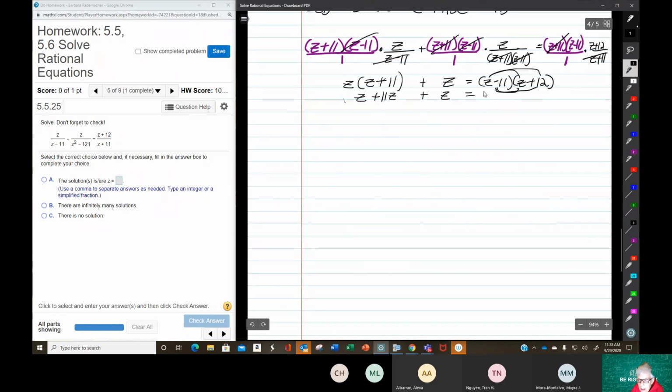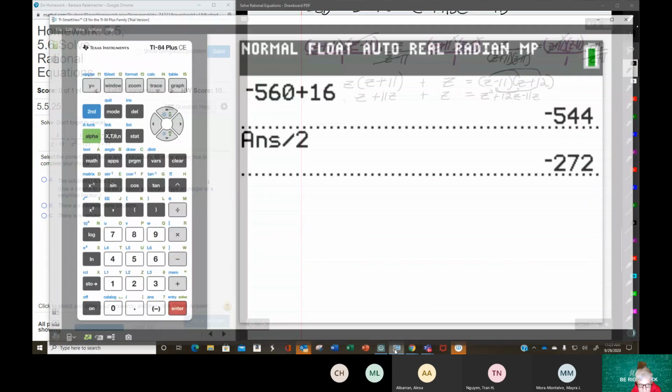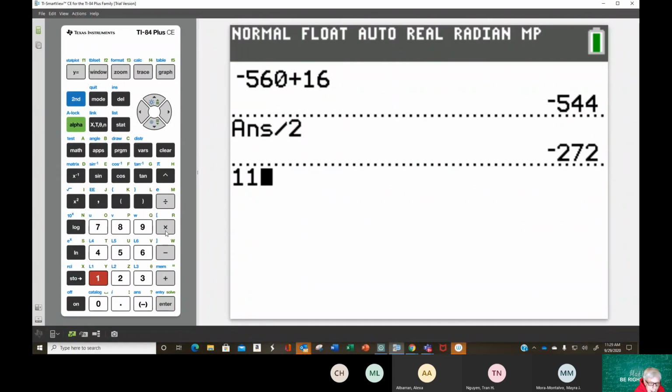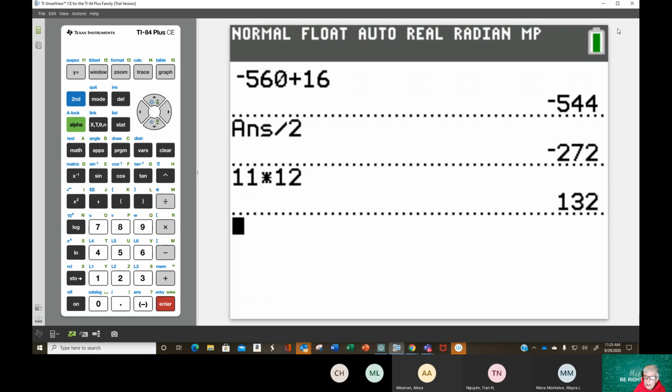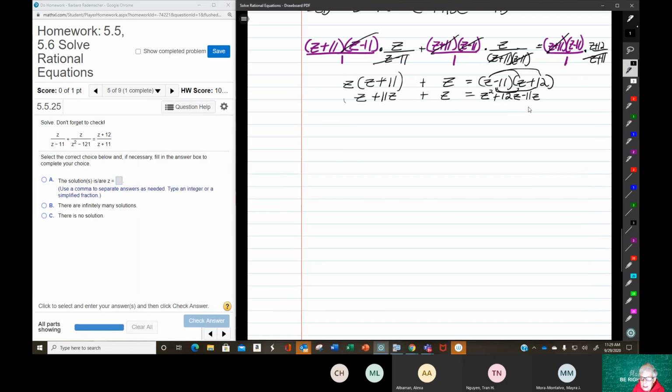And that'll give me Z squared plus 12Z, minus 11Z, minus 11. Negative 11 times positive 12 is 11 times 12, 132, so negative 11 times positive 12 will be negative 132.